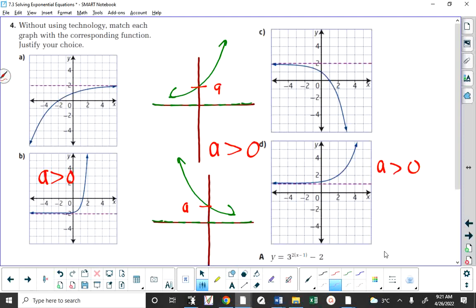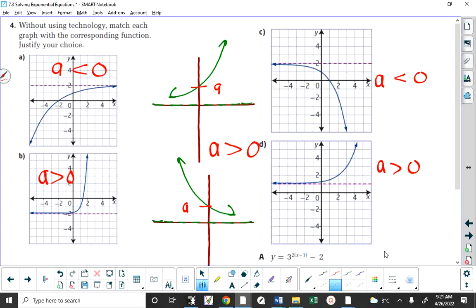Whereas, I'm not going to redraw these, but if A were negative, these 2 green graphs would be flipped across the x-axis before any other changes occurred. So this must be A is negative, and this must be A is negative.